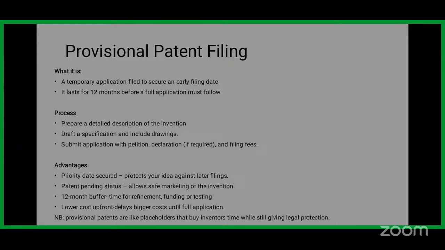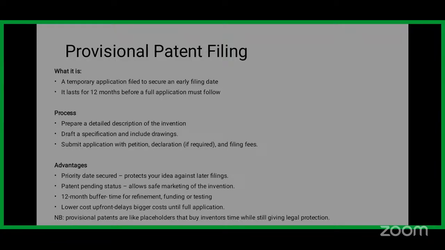So how does it work? How does provisional patent application work? The first is the filing process. How does the filing process operate? The first thing you need to do if you want to get a provisional patent application is to prepare a detailed description of the invention, and usually the description contains your title, the title of the invention, the name of the inventor, and the address of the inventor.